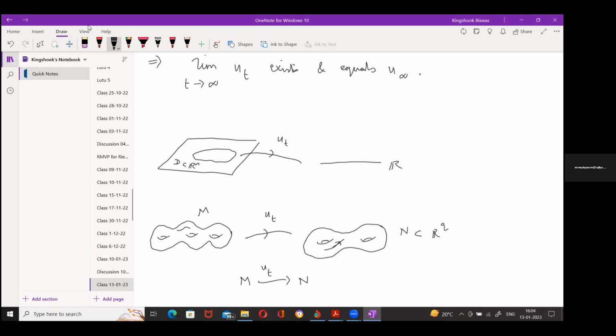And then you will have a nonlinear heat equation, ∂u_t/∂t equals tau of u_t, where tau is a nonlinear Laplacian called the tension field.